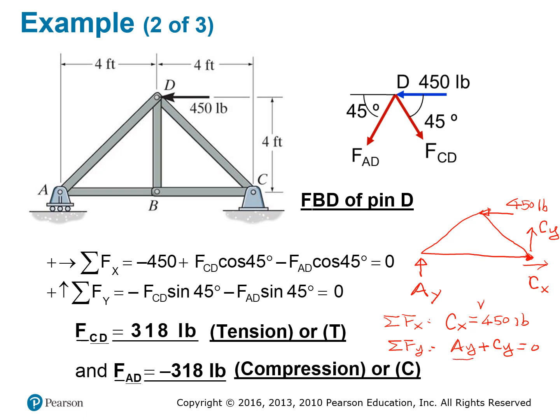How do I solve AY and CY? Well, to solve these 2, you need one more equation, and the third equation is summation moment equal to 0. So where is the summation moment that you will use? You can pick any of the points.